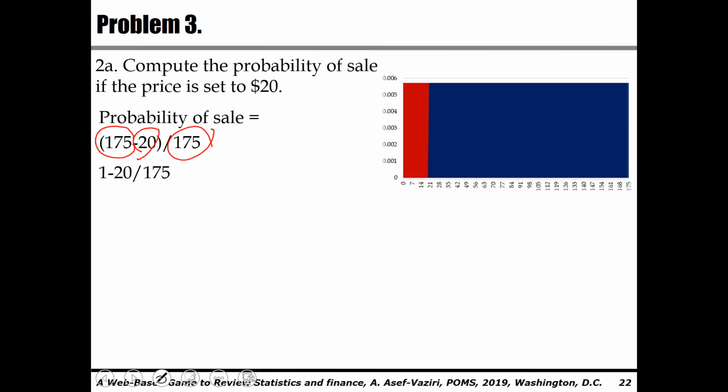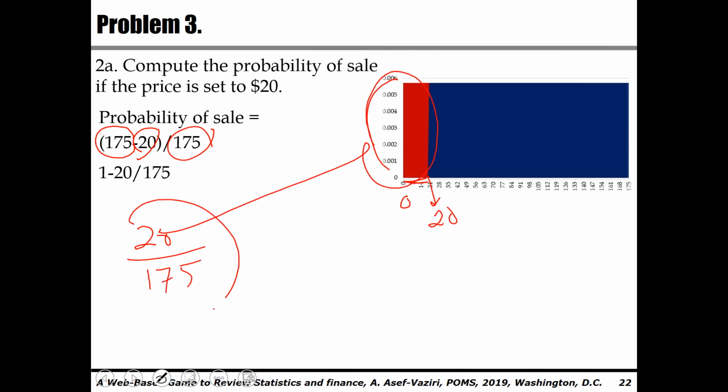In other words, we can consider this also like this. This is 20. This is 0. So this width is 20. This height is 1 over, it is this probability here.